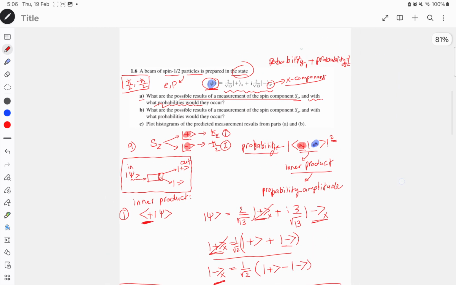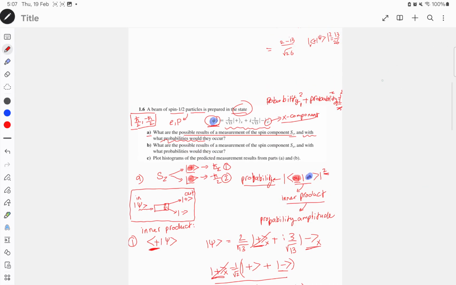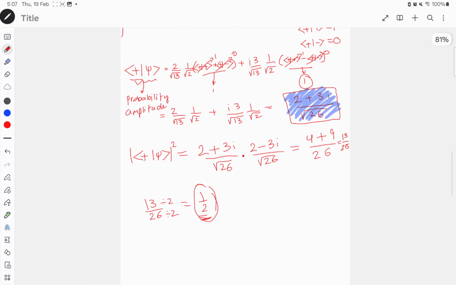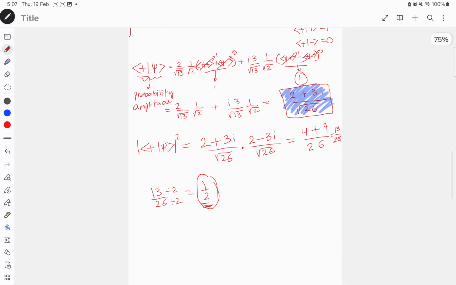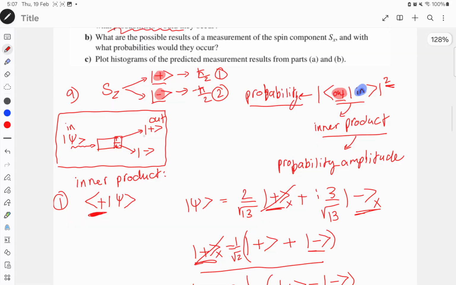So if we got here a half, that means the other state, we will count it. We have two states, positive and negative. The two-state probability, this probability will be half, and the other probability should be half, because if we add them we will get 1.